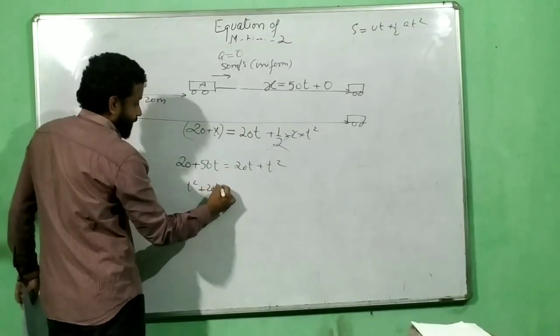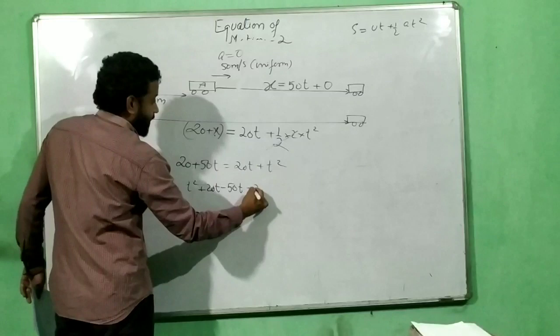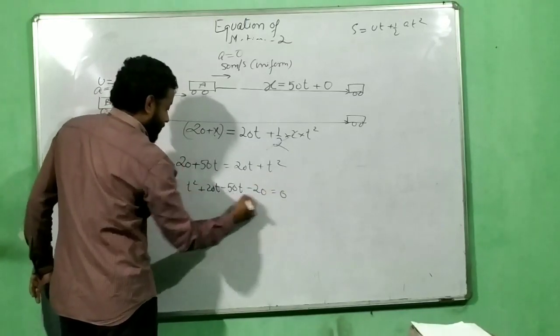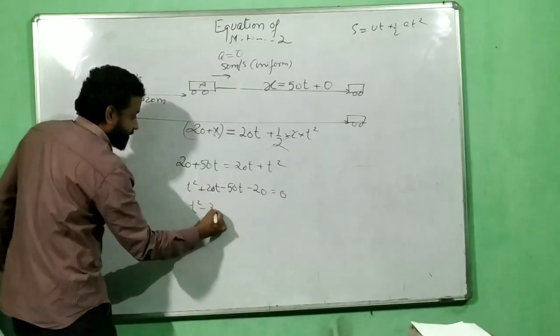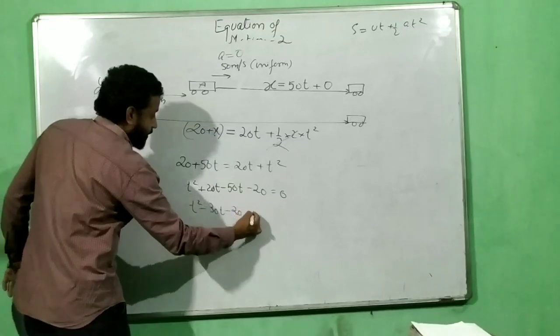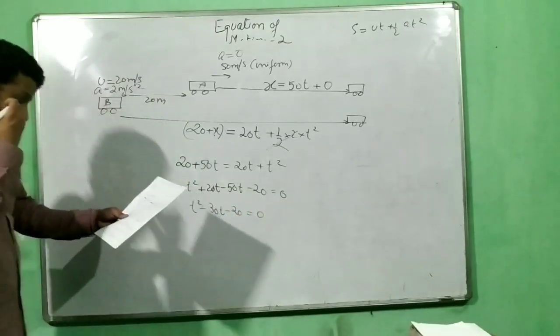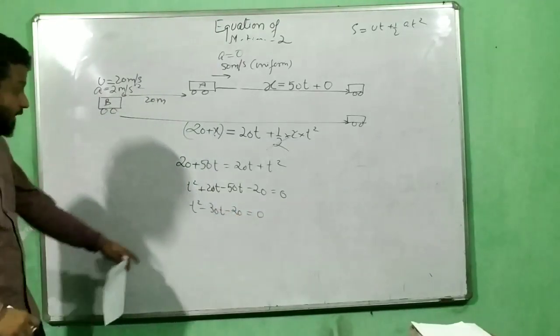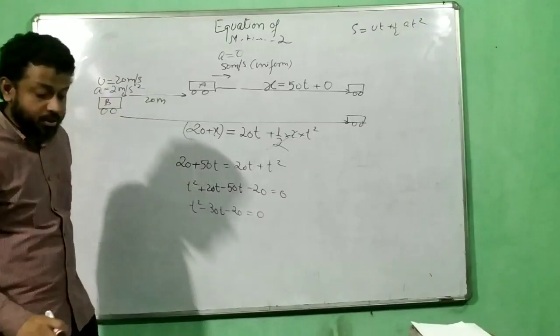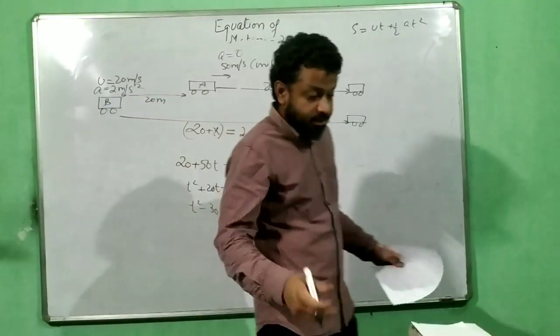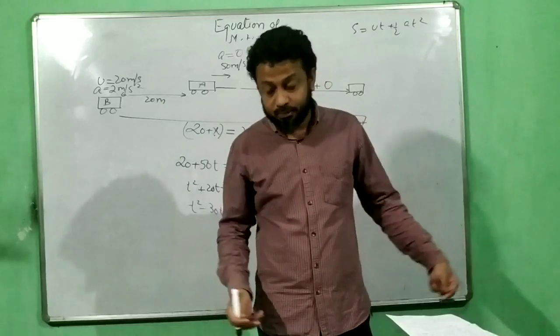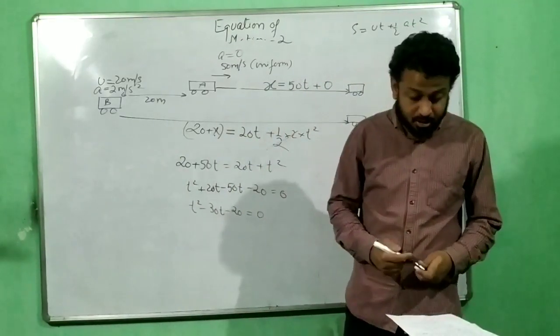So t square plus 20t minus 50t minus 20 equals 0. So this will become t square minus 30t minus 20 equals 0. Yes. And then we can solve this for time t, and then we have to analyze the results. Basically, we are looking for positive time. The positive time is your answer.